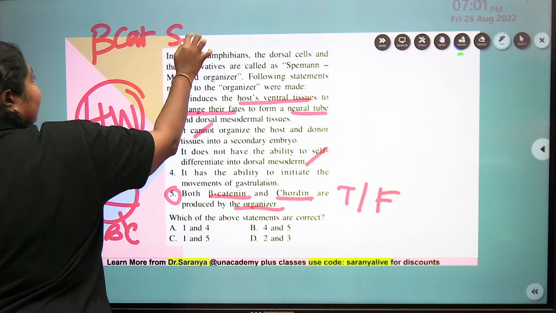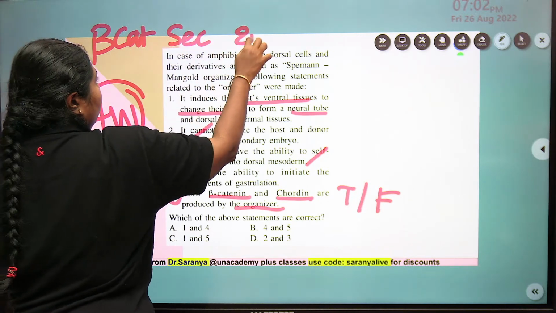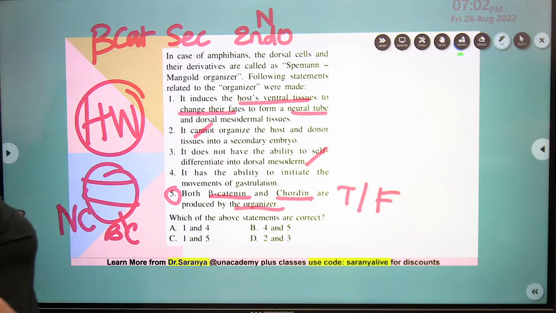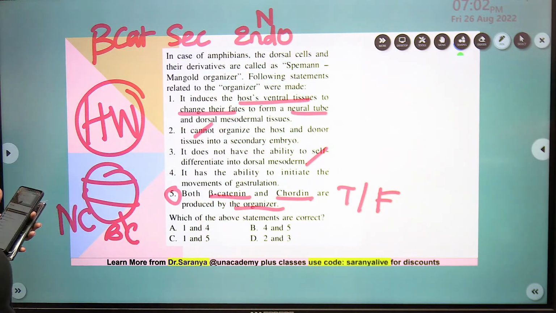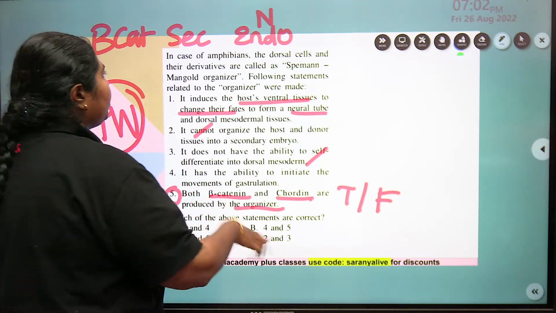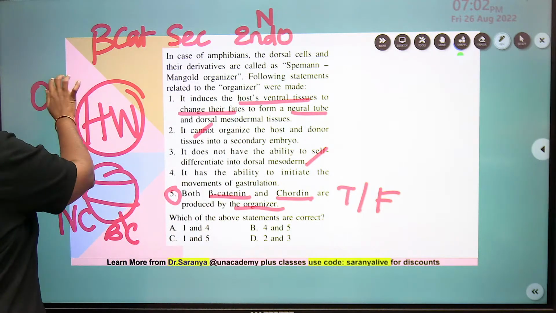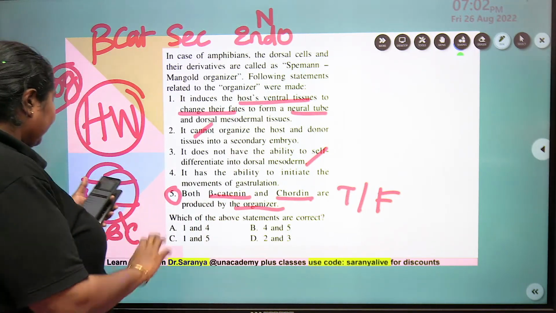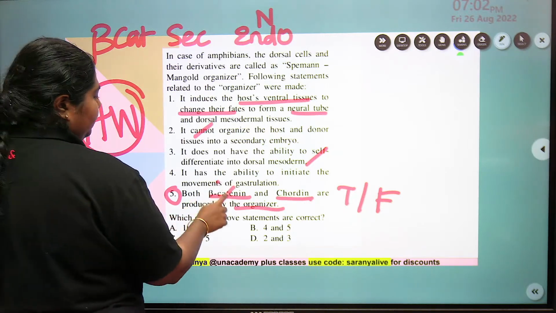Beta-catenin is secreted by your endoderm, that is your Nieuwkoop center. It is only going to secrete beta-catenin, but it is accumulated in your organizer. The organizer is not at all secreting this beta-catenin.